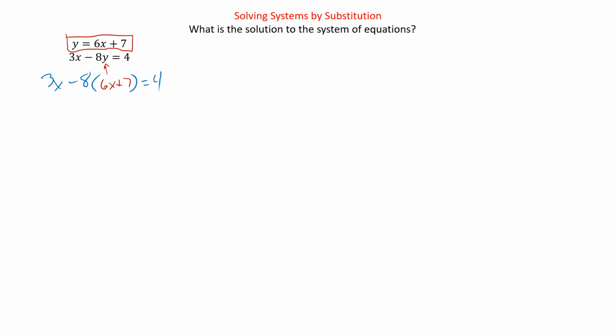We did this a couple chapters ago. The first thing we're going to need to do is distribute to get rid of these parentheses. So that's going to leave us with the 3x, then negative 8 times 6x is negative 48x, negative 8 times 7 is minus 56, equals 4.